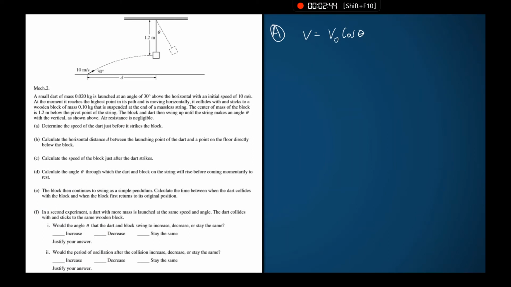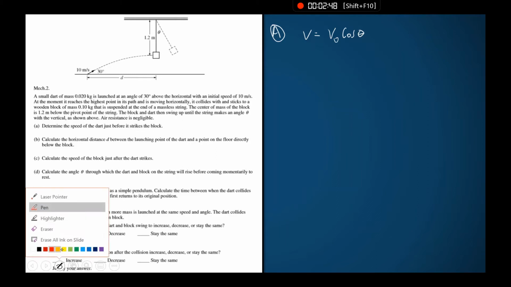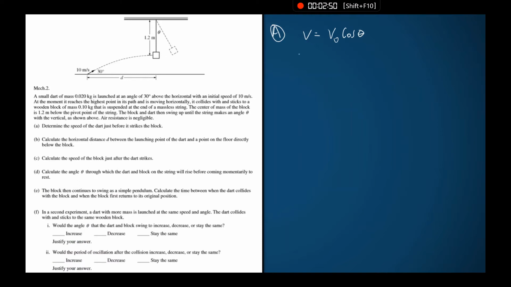Okay, so our velocity is equal to our initial velocity, which you said was 10 times the cosine of 30. What's the cosine of 30? Not 1/2? Root 3 over 2, okay.